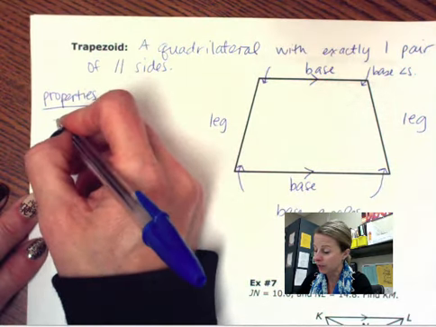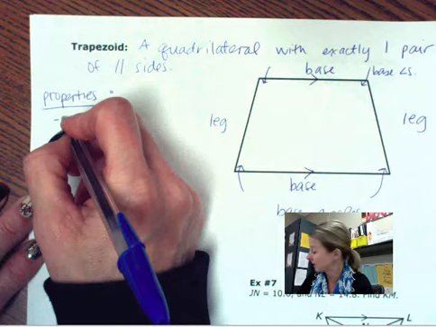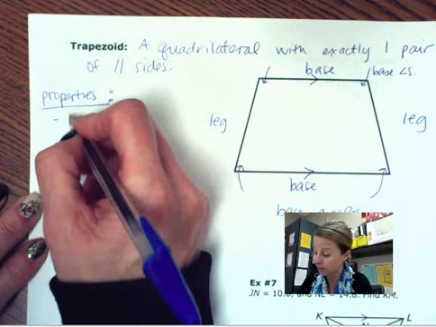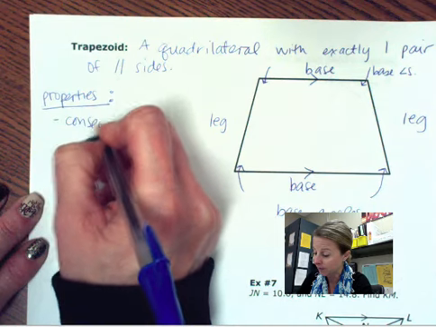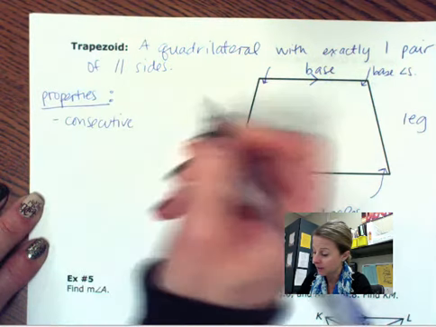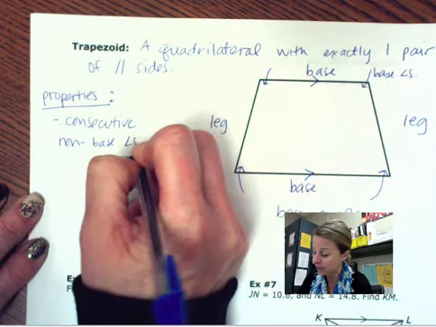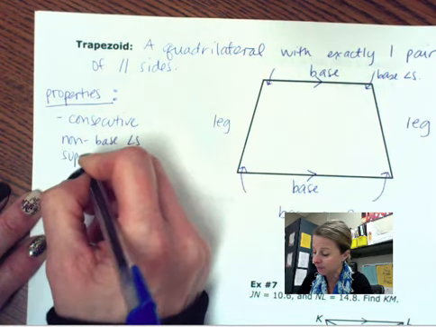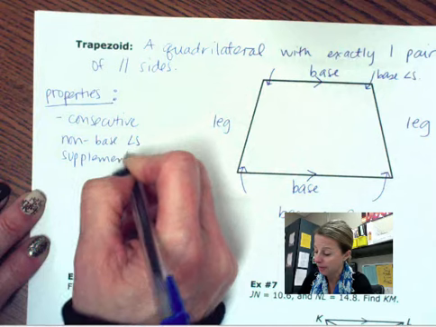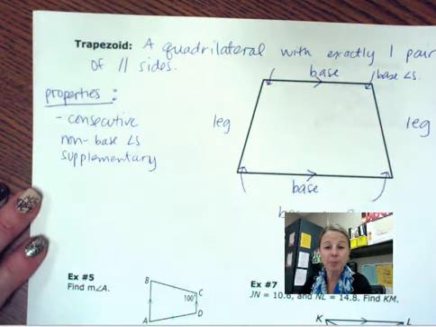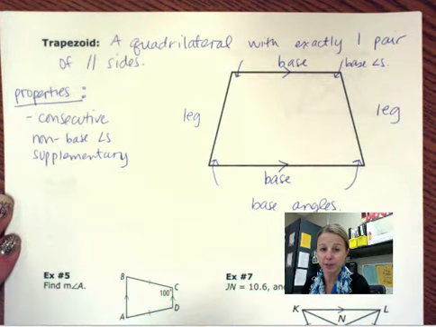So consecutive non-base angles are supplementary. They add up to 180. And that's the only property of all trapezoids.